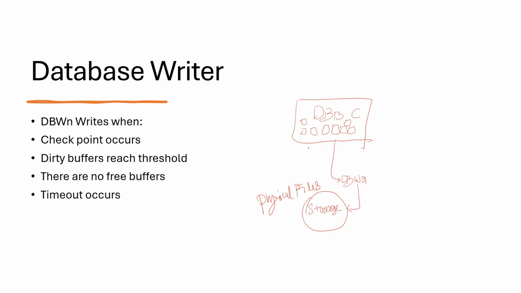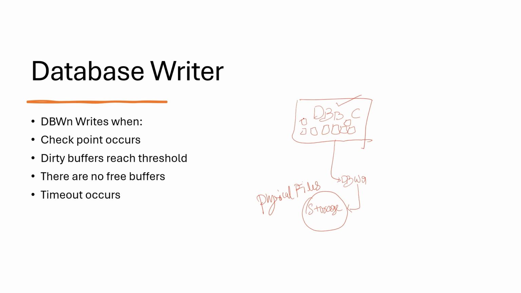So whenever you want to update the information, you will update the database buffer cache first. From there the updated blocks will go to the storage through the database writer. So the database writer will do that job to move the dirty blocks.